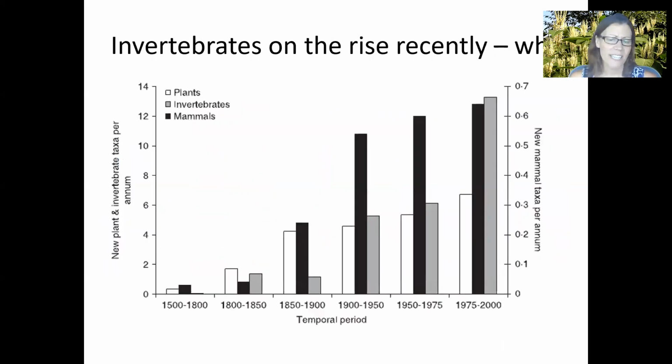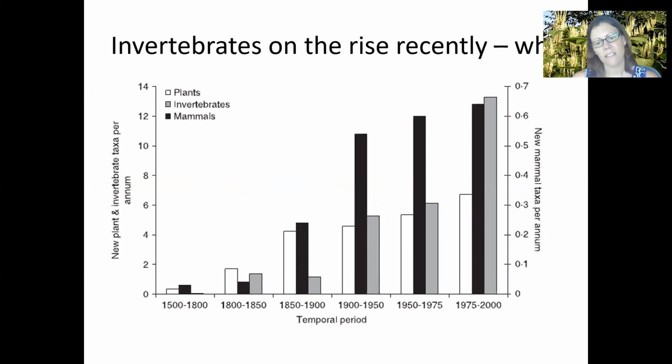We had talked, I think in the first lecture, about some images of vertebrates over time, and a lot of the vertebrate introductions, especially birds and mammals, looked like they were peaking in the late 1900s. But that was from one study.